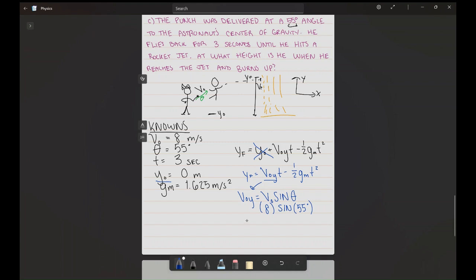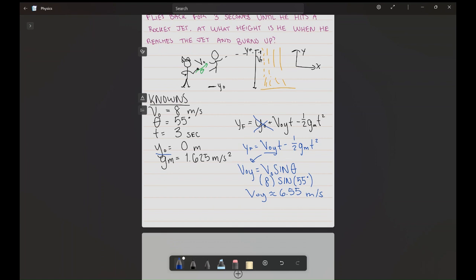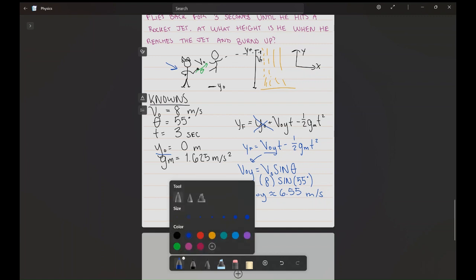That comes out to v naught y is about equal to 6.55 meters per second. Seems kind of slow, but remember we're on the moon, and these guys' muscles have atrophied, which is why our character Brett, who is from Earth, has, as he calls it, Earth strength. I wish I could upload a clip, but I can't figure out how.